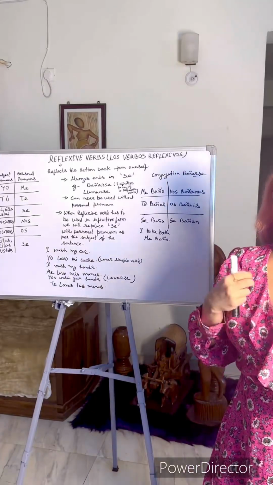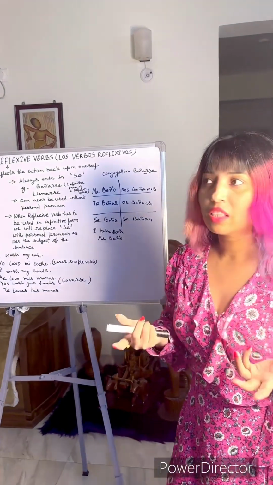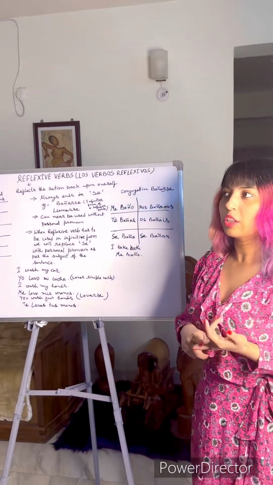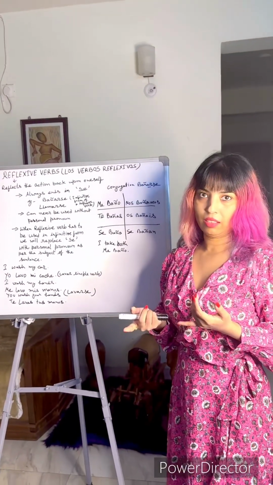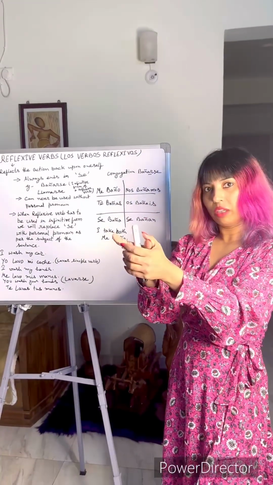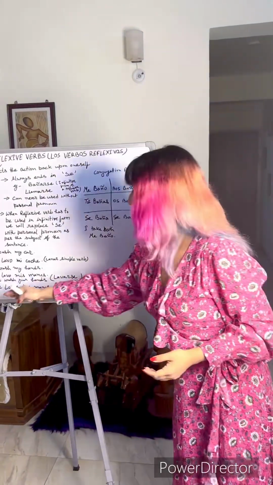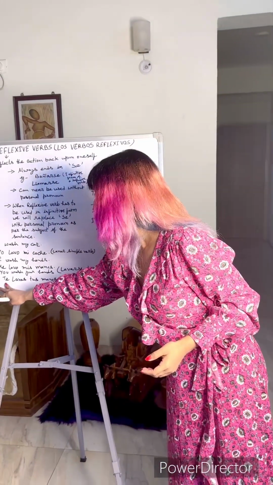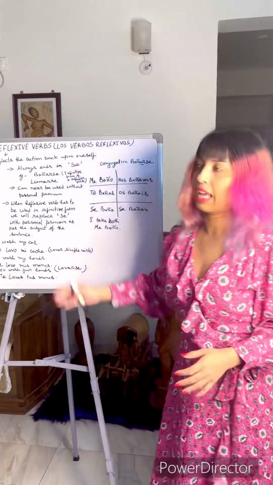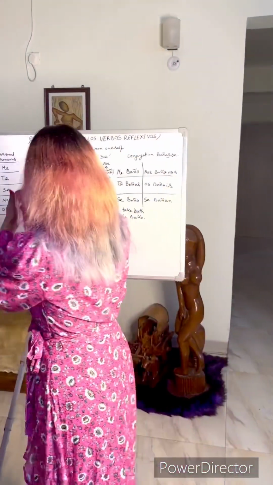But if I am putting on my clothes, like my sweater or my shirt, it would become ponerse. Then I am supposed to use it as a reflexive verb, ponerse, with the personal pronoun and normal conjugation as per the subject. So I believe that it is clear now.